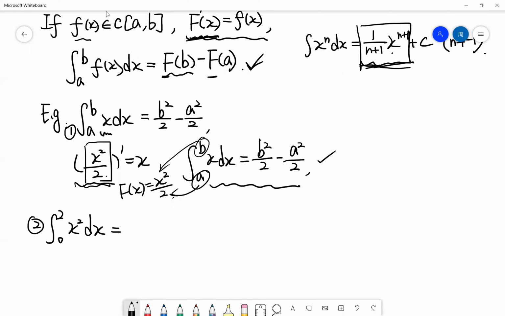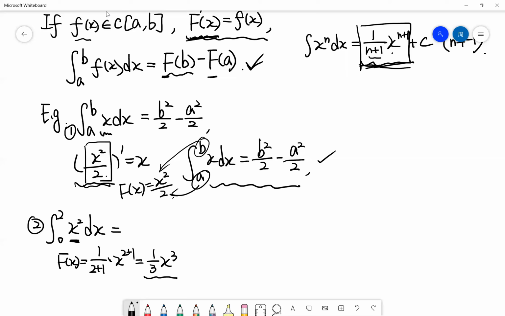So here, x to the power 2, you can find one antiderivative, where n equals 2, right? So 1 over 2 plus 1, times x to the power 2 plus 1. So that is 1 by 3 x cubed, right?